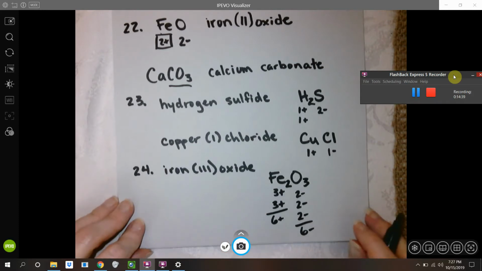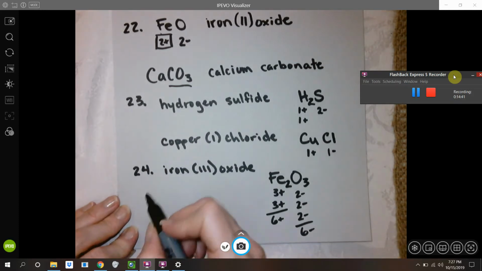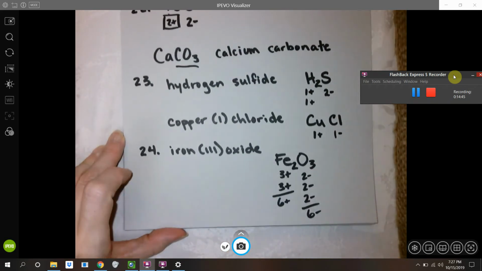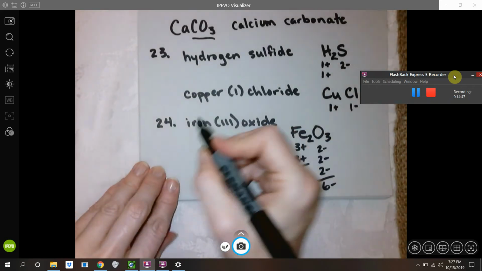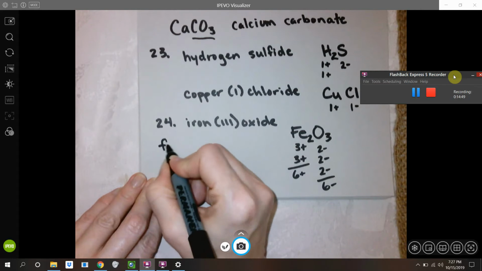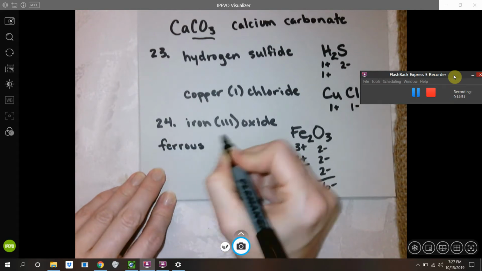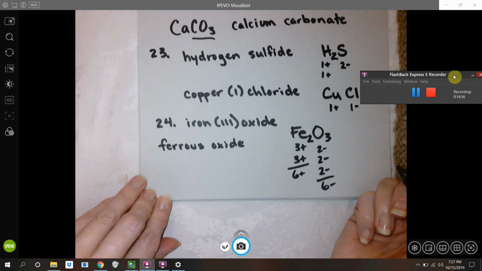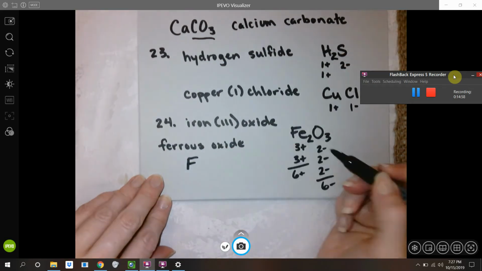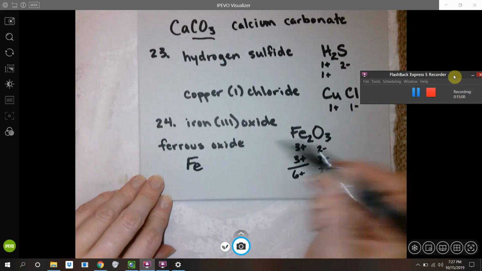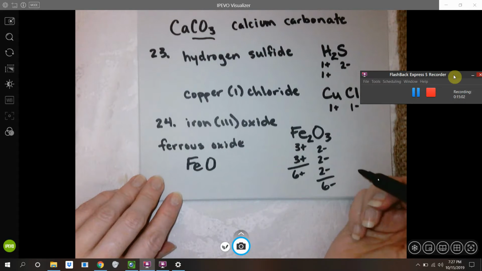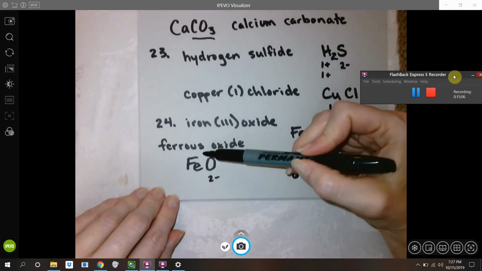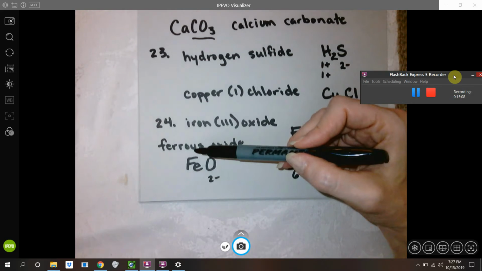Okay, and let's look at the next one. Ferrous oxide. So again, when we see ferrous, it's going to be iron, Fe, and oxide is just O by itself. We know oxygen is 2 minus, and we need to know what the charge of this ferrous is.